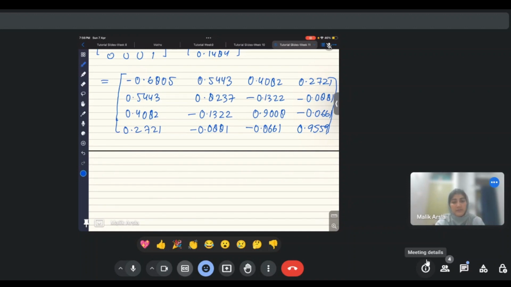Are you getting the same? First column I'm getting, others I'm trying. Yeah, try and complete it.